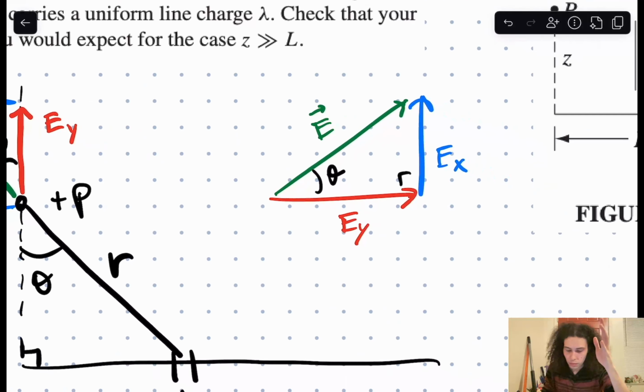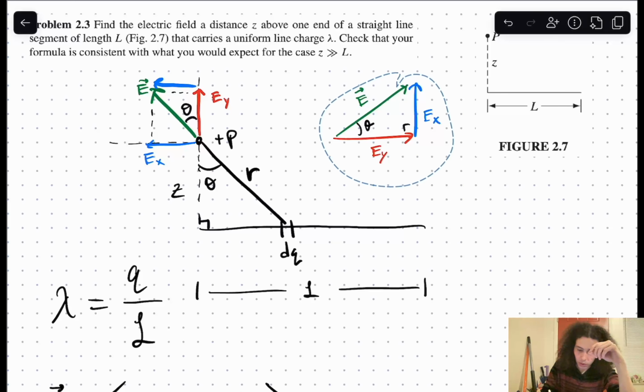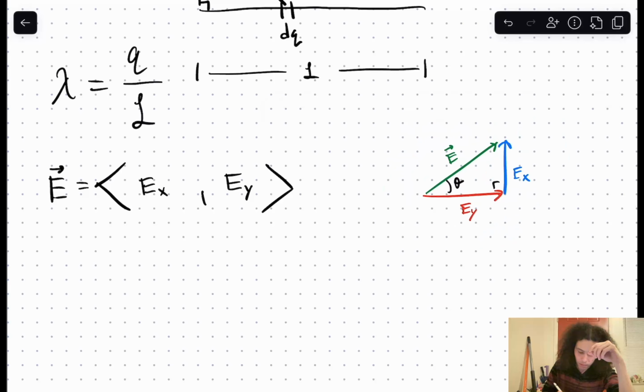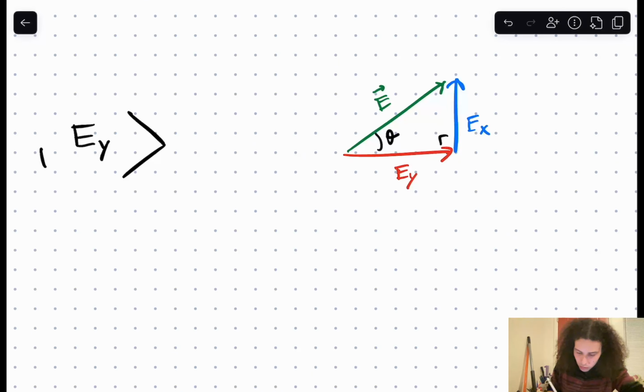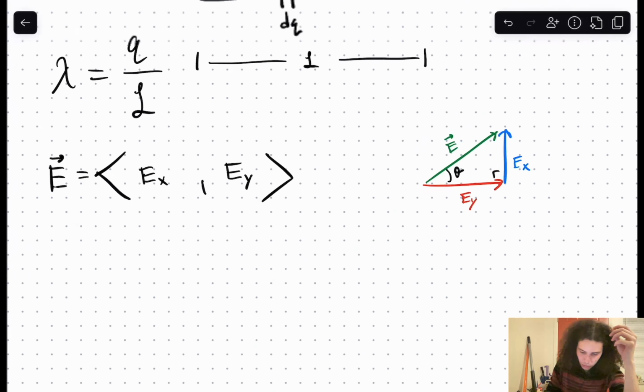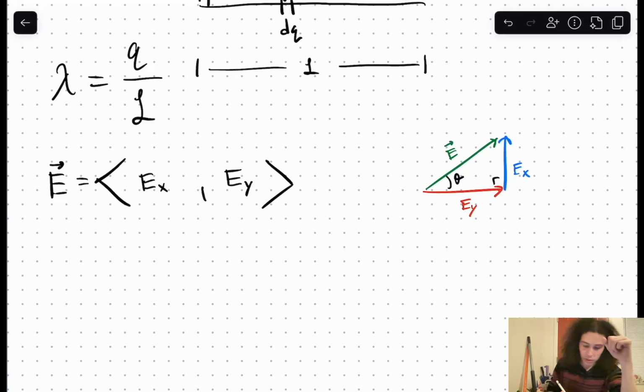Now, according to trigonometry, we can define, so let me bring this down to somewhere that's a bit clear, like over here. We can define EX as, let's be a bit cautious here. All right, let me be a bit more organized with the notes.